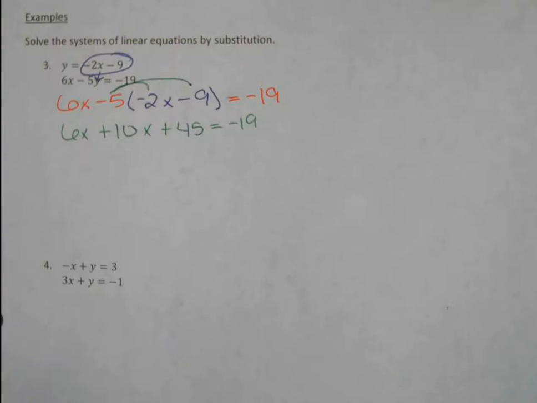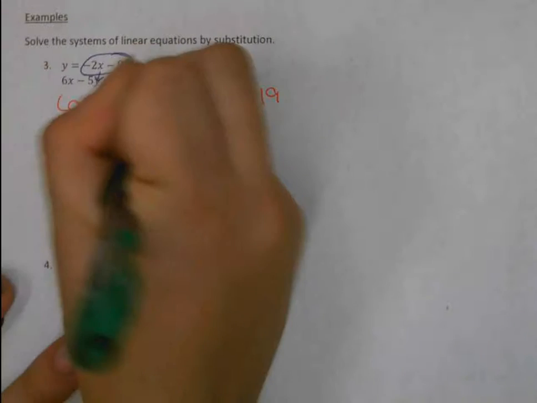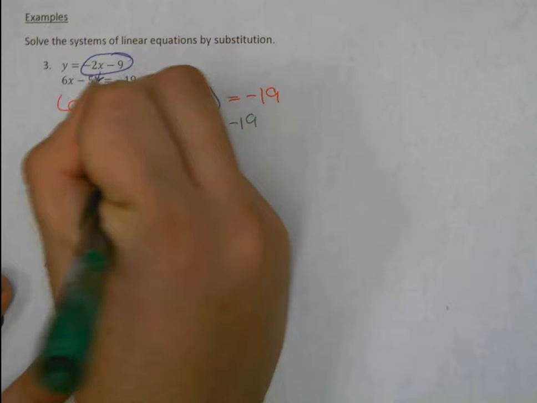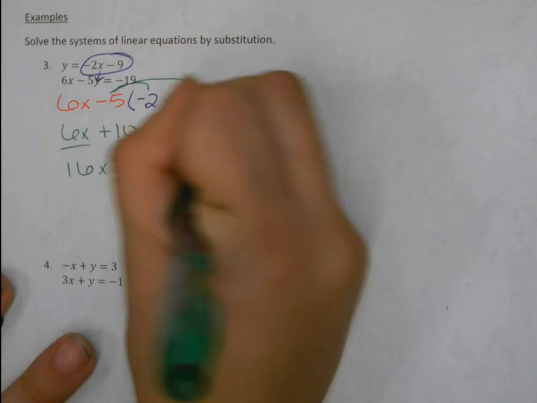Then what do I want to do next? Combine the 6x and the 10x, so I'm going to combine like terms. I get 16x plus 45 equals -19.